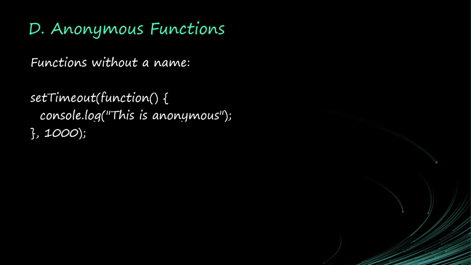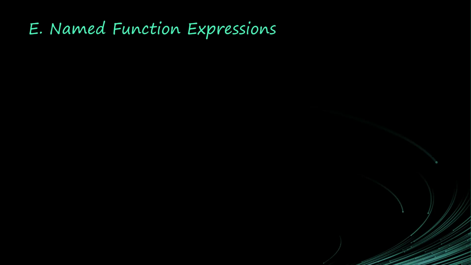I'm going to explain it better when we get to asynchronous programming. It is often used as arguments to other functions. That is what we mean by callbacks: a function can take another function. So when you want to pass a function as an argument to another function, you can use an anonymous function. You can even use an arrow function too.